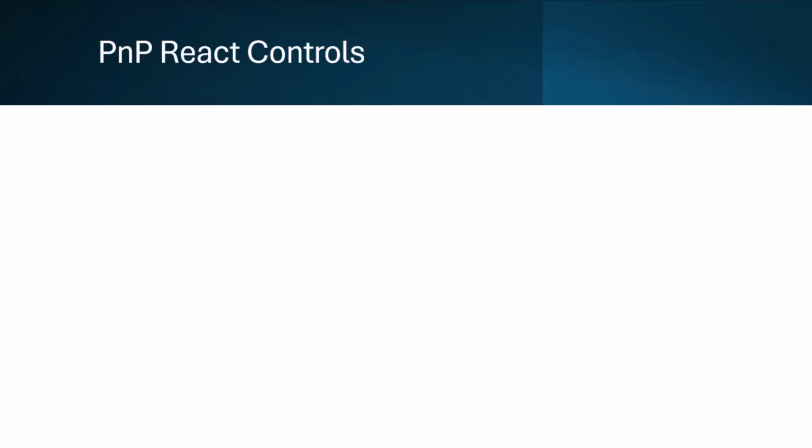First, the PnP React Controls. Like I said, it's a list of ready-to-use controls based on the M365 ecosystem, which means that as it's related to the SPFx environment, you can get info regarding what's in the user's ecosystem.